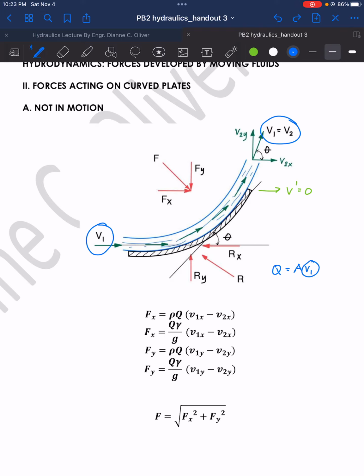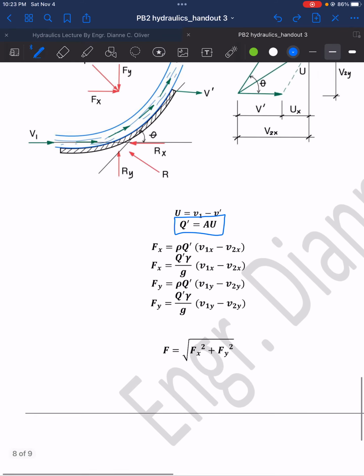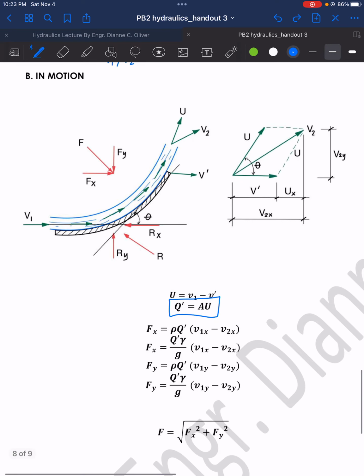So this is the simple formula for Q. As for the Q in the second case, this is the actual area of the jet multiplied with the relative velocity of the jet. So we still need to solve for the value of u.